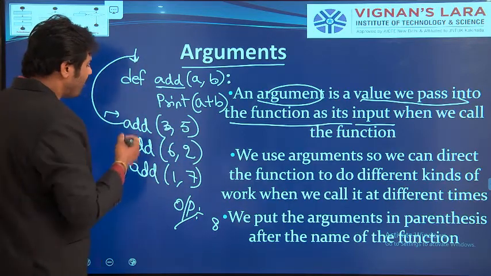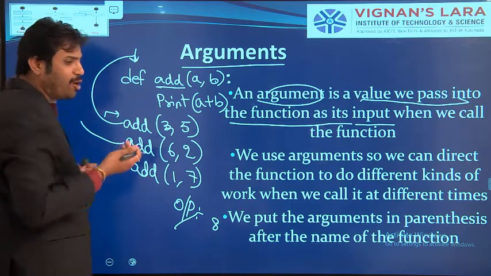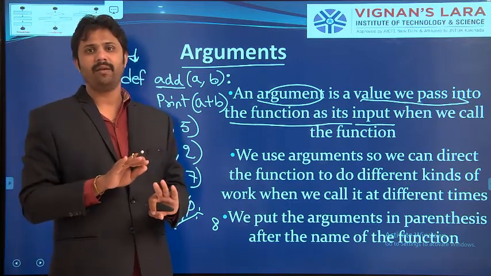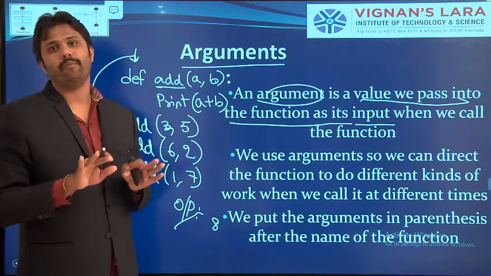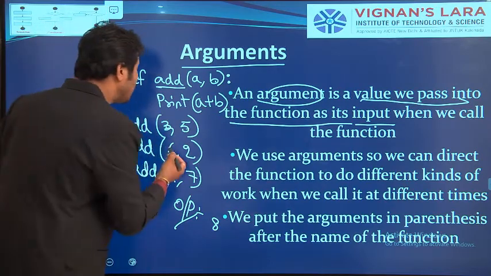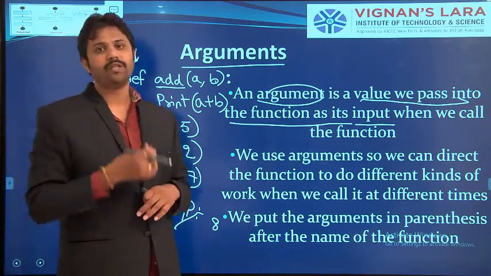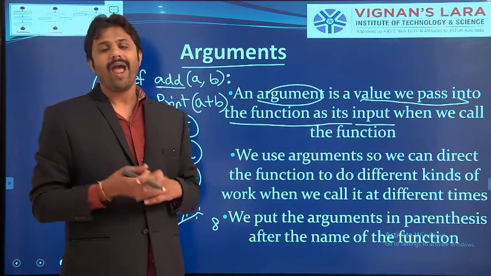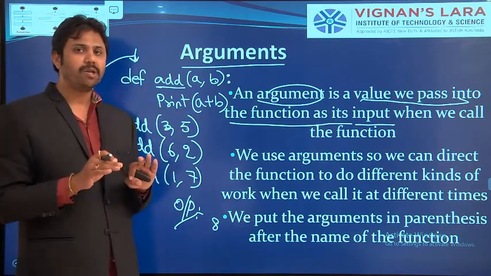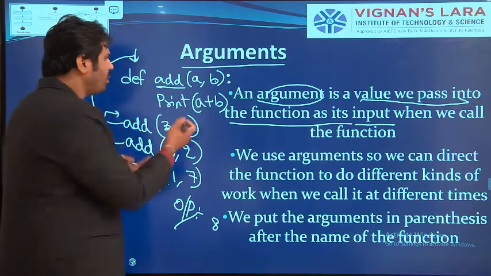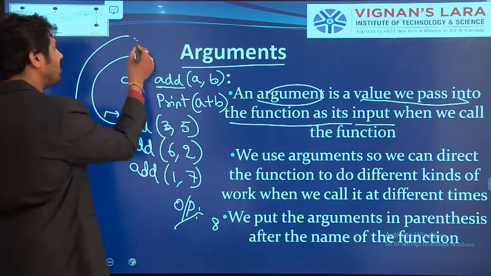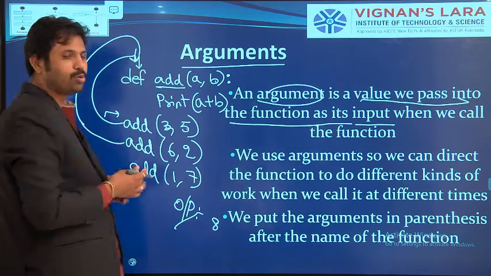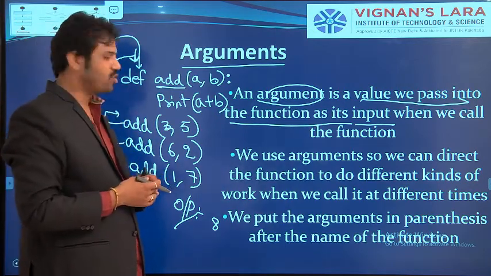Clear? Next, for the second time, again you want to perform addition. Now your values are not 3 and 5, now your values are 6 and 2. If you want to perform addition between 6 and 2, no need to write the code. You simply call add 6, 2. Again, these are passed to this function.